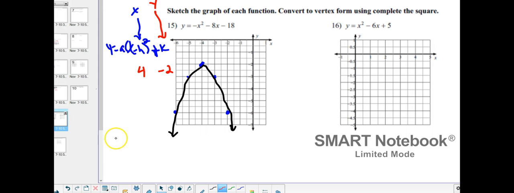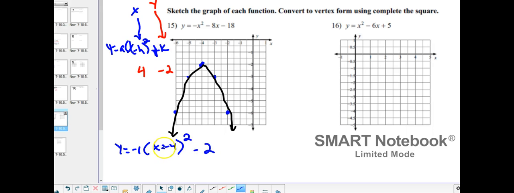So we can back into that equation and just write it this way. I should put this in blue now, down here. Y equals, we know it's -1 because you have that negative out in front. Parenthesis, x plus 4 squared minus 2.